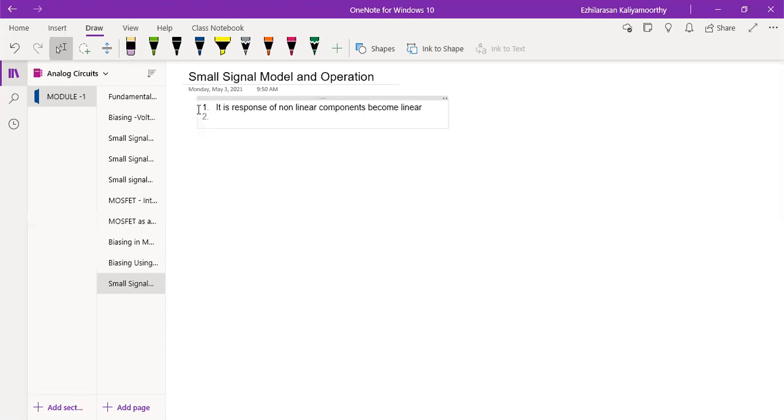Second, we can separate the response of the MOSFET to bias and small signal. We can separate these two. Then, since the response is linear, superposition can be used.